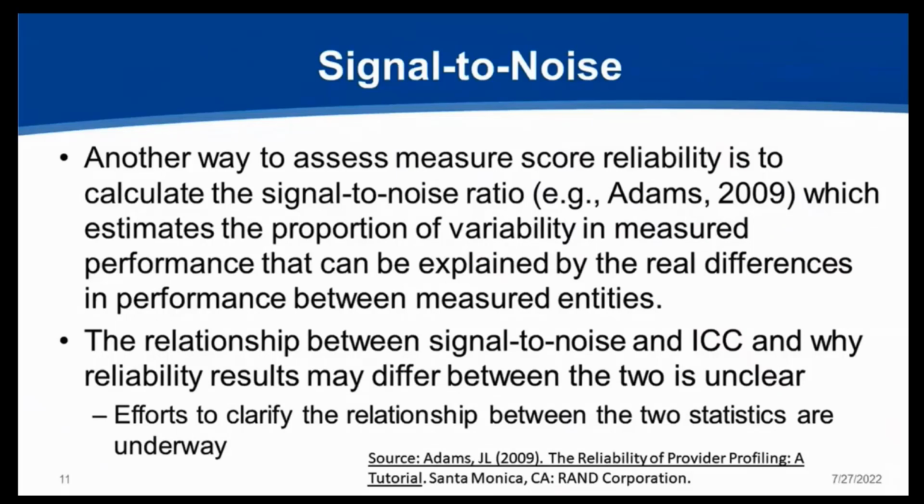There are many cases where an ICC or this signal to noise could both be calculated, and they give slightly different results. So here at Battelle, we are working on some assessment to determine what the results of each of those would be and what the relationships and differences are. That's underway to clarify the relationship between those two statistics.